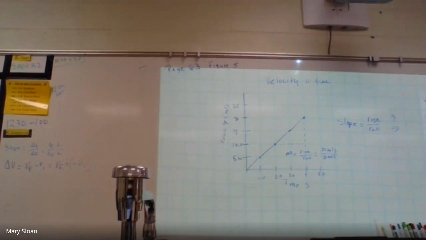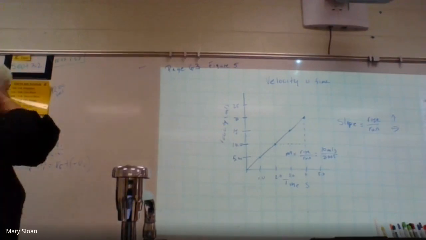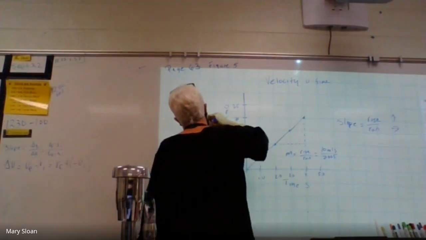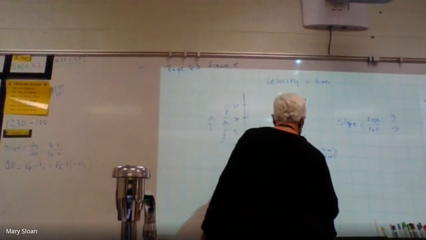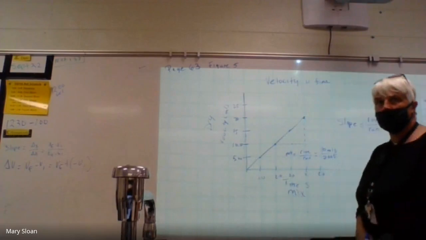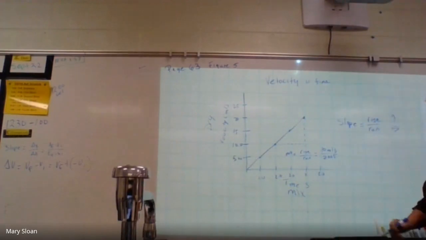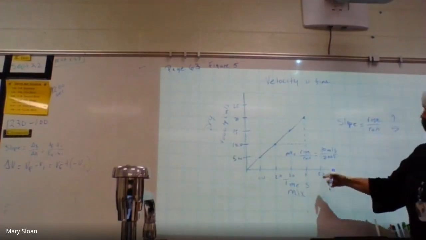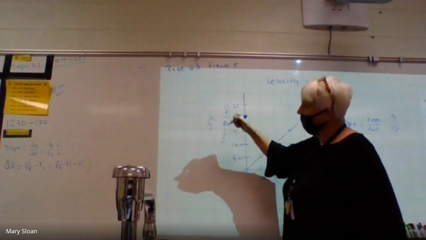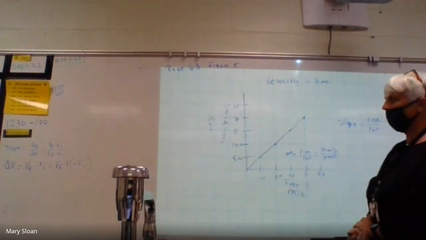Okay? So here, we're trying to find slope. Now, let's do this really quick. Dries over here, mixes over here. Okay? We have our time down here, and we have our velocity in meters per second here, right?